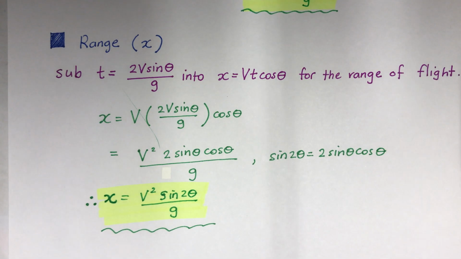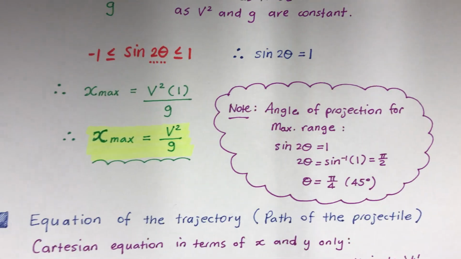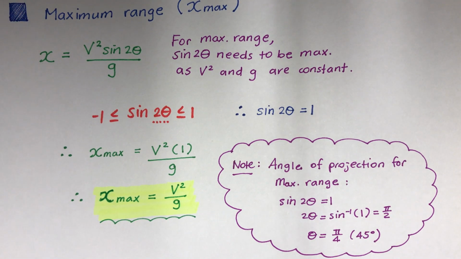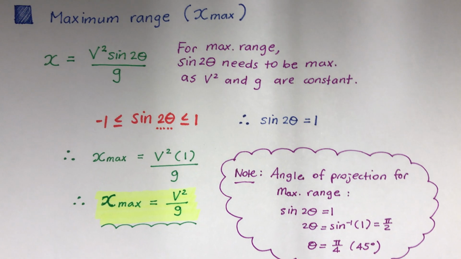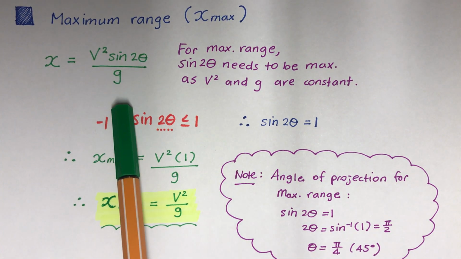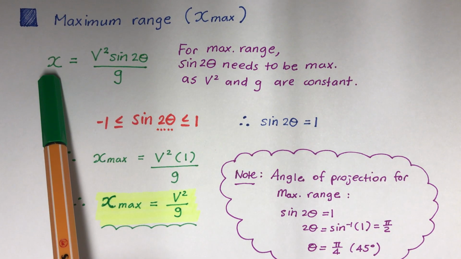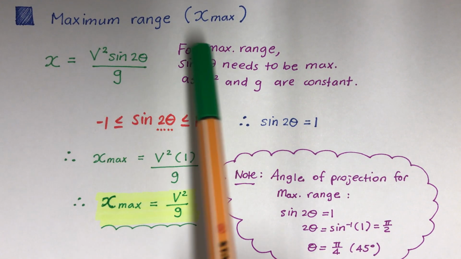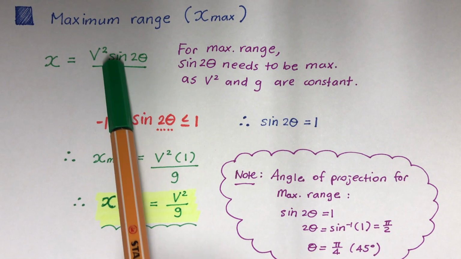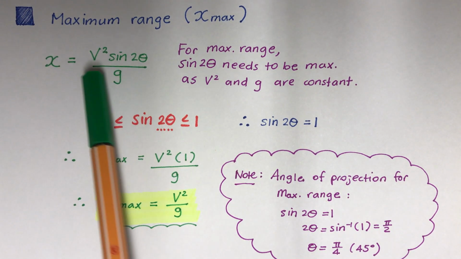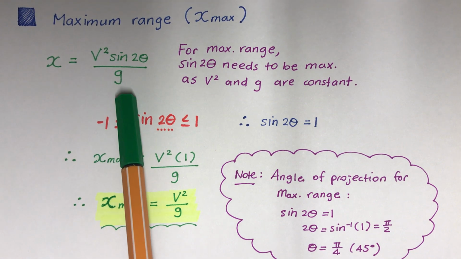Okay. Now, because we're looking for a range, of course, there will be a maximum range as well. We found the maximum height, so now a maximum range. We're going to use x equals v squared sine 2 theta all over g. For maximum range, sine 2 theta needs to be max. Why? Because v squared and g are constant.